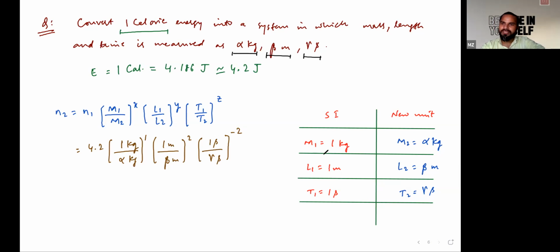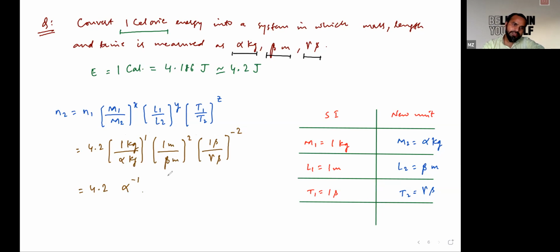Rishan, there would be some negative exponential. Just see, we have 4.2, kg and kg would cancel out. If alpha moves to the numerator, its exponential becomes negative. So we can write it as alpha to the power -1. Similarly for this one, meter would cancel out, so beta would have power 2.